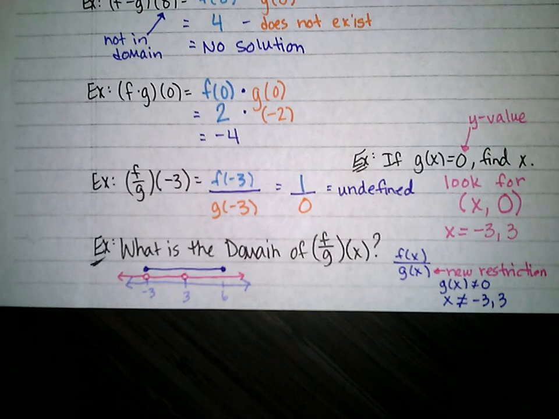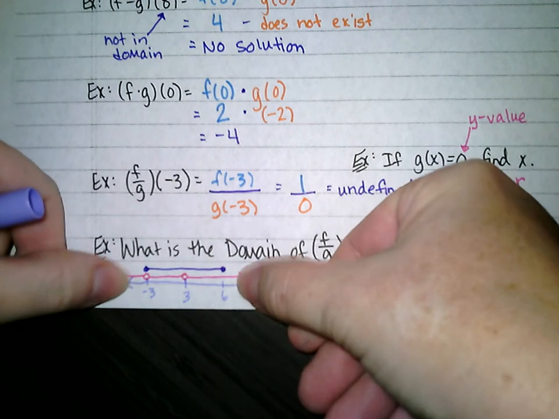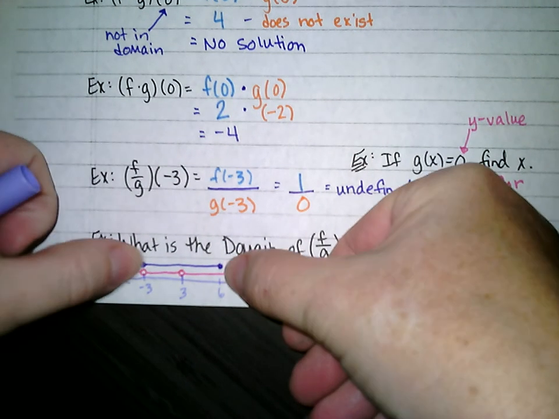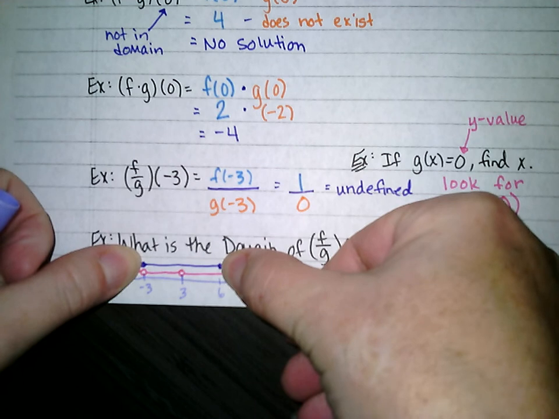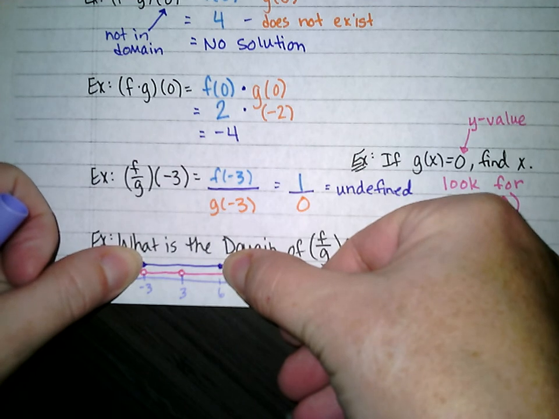So these restrictions cover all of that. But remember that we're combining these functions together, so we can only be where everyone's allowed to be. So we have to limit it in here because the pink goes outside of those borders. But then we also have to exclude negative 3 and 3.